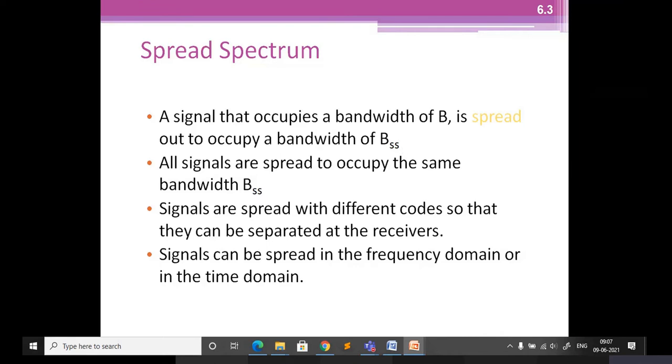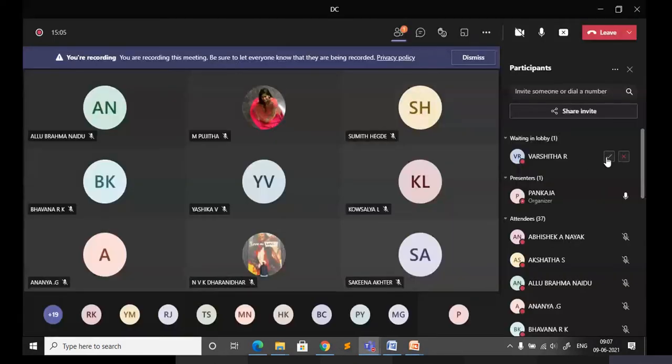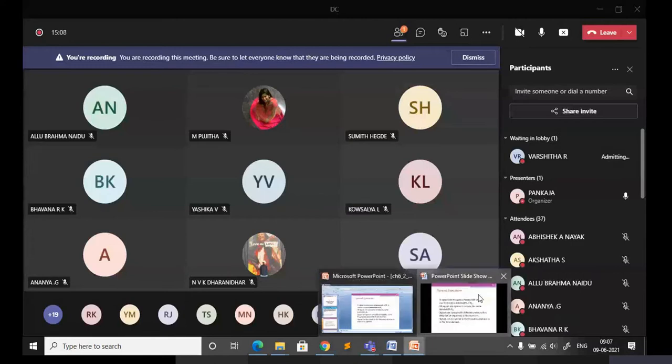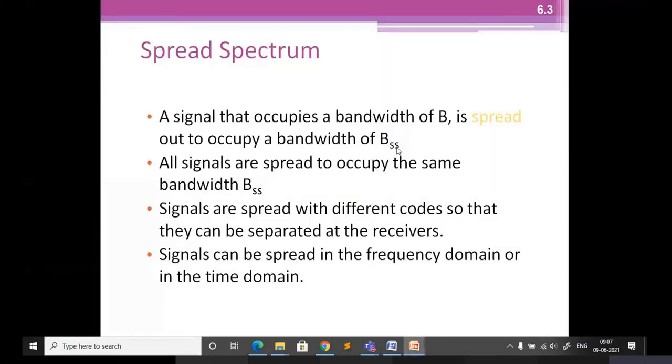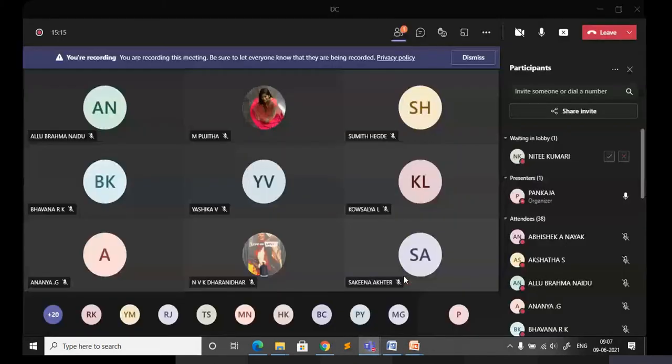The signal coming with bandwidth B is allowed to occupy the bandwidth BSS, where SS indicates spread spectrum. So the bandwidth is spread, through which the data can now be sent.